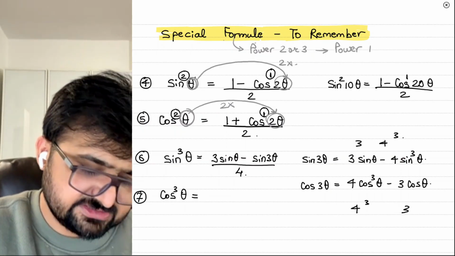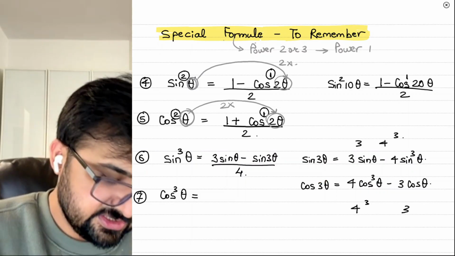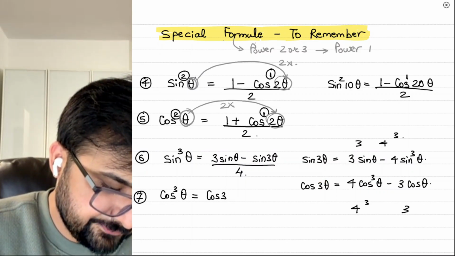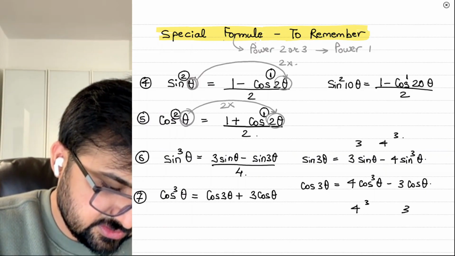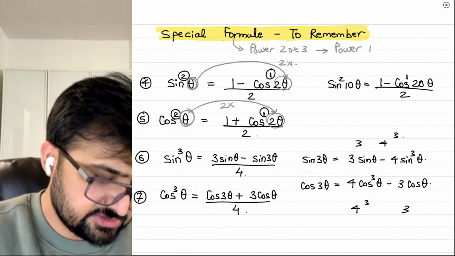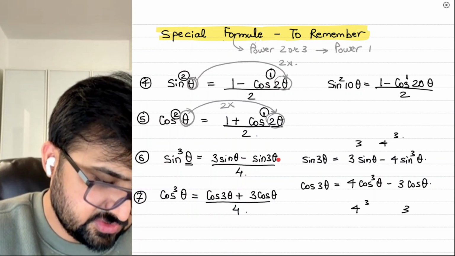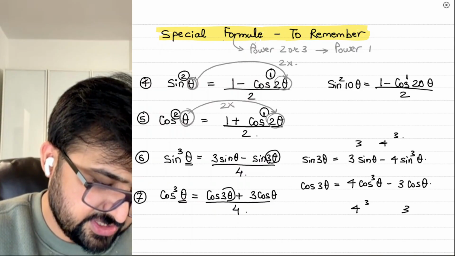Similarly, cos cube theta becomes (cos 3 theta plus 3 cos theta) divided by 4. So these are the formulas. Also remember that this theta becomes 3 times here, and this theta becomes 3 times here.